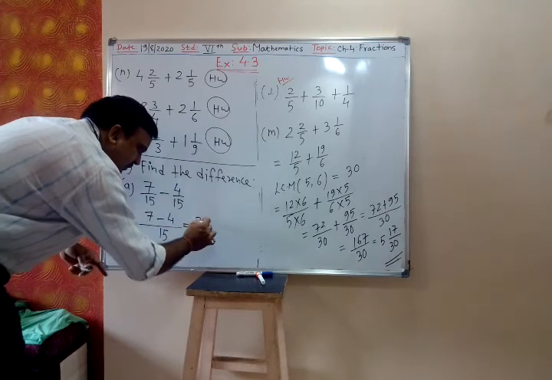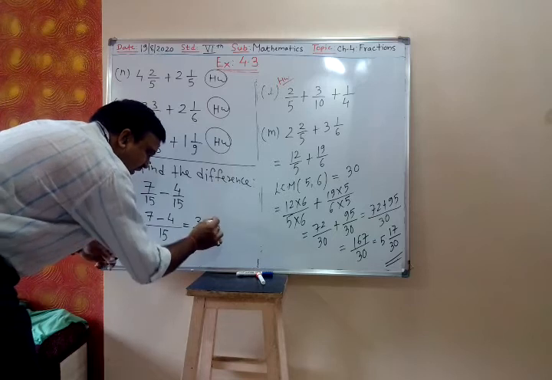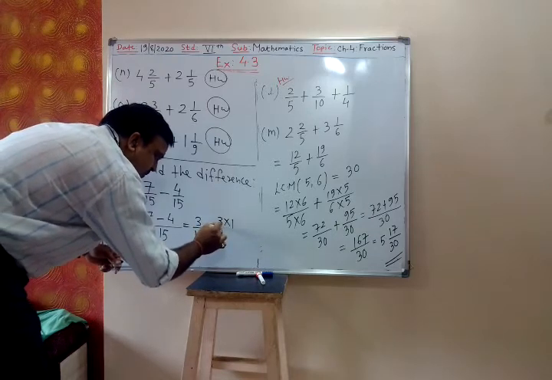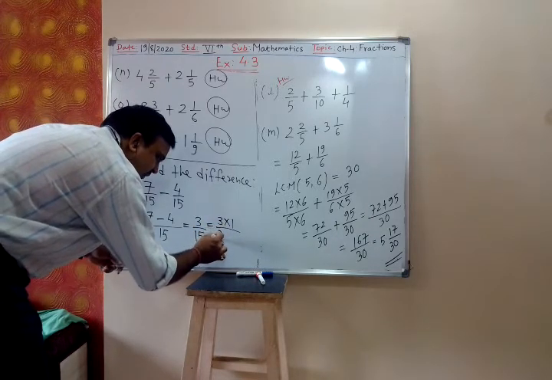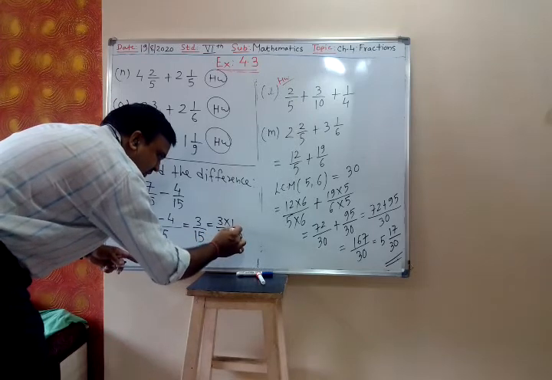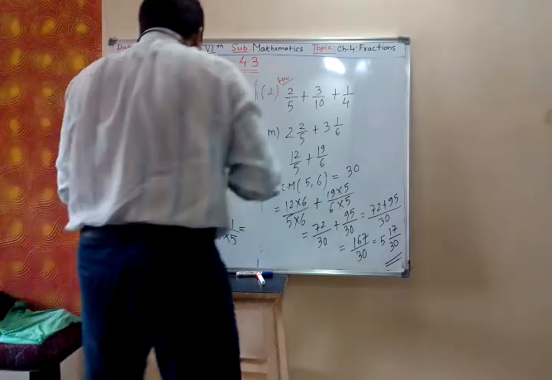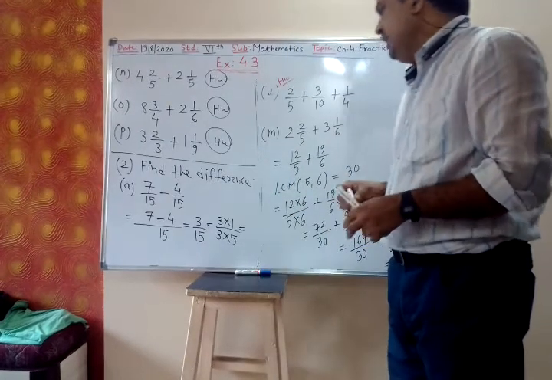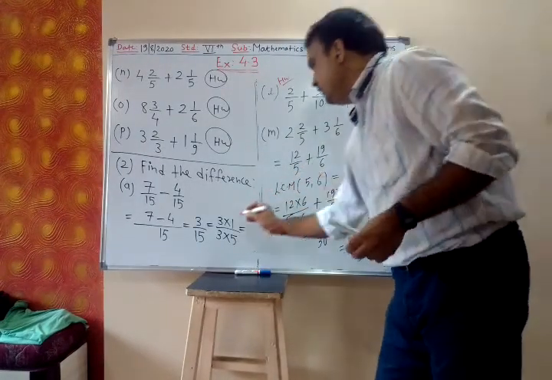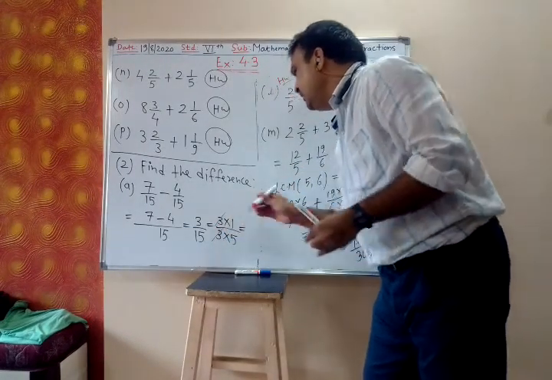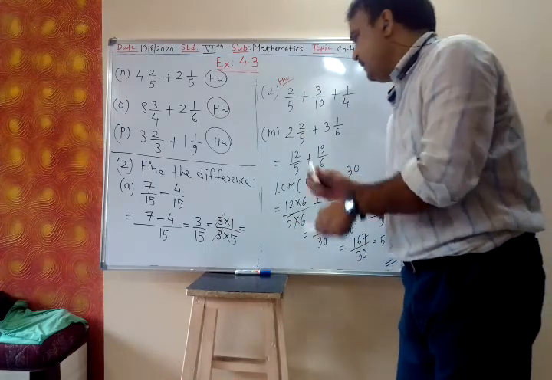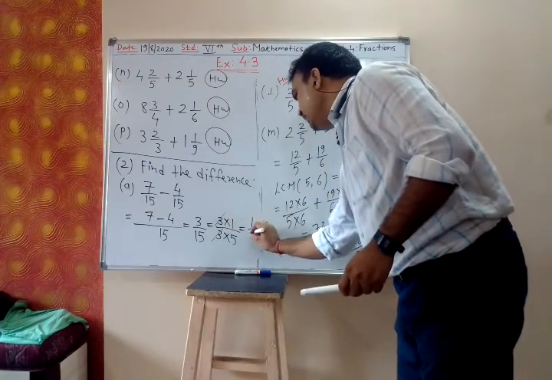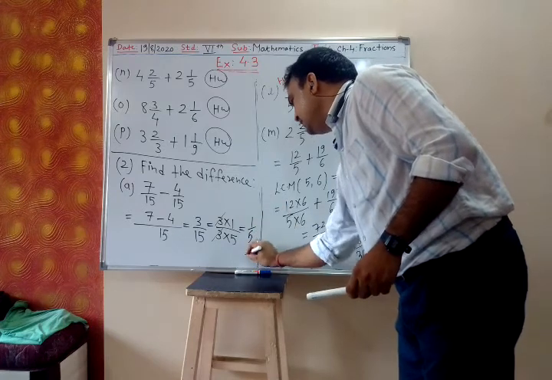Now 3 I can write as 3 into 1, and 15 I can write as 3 into 5. Now 3 I can cancel. What is left?